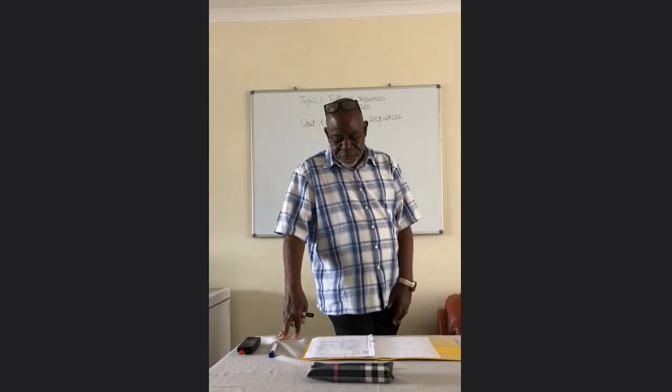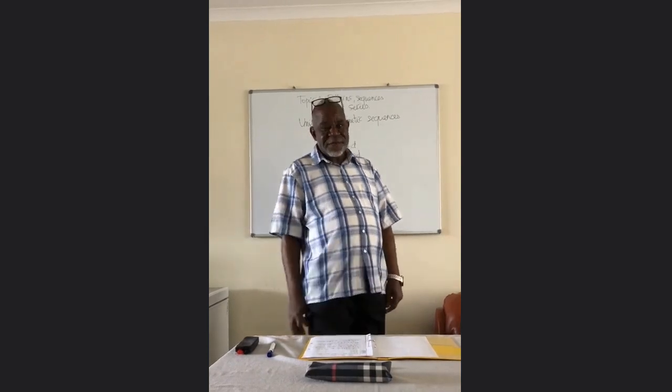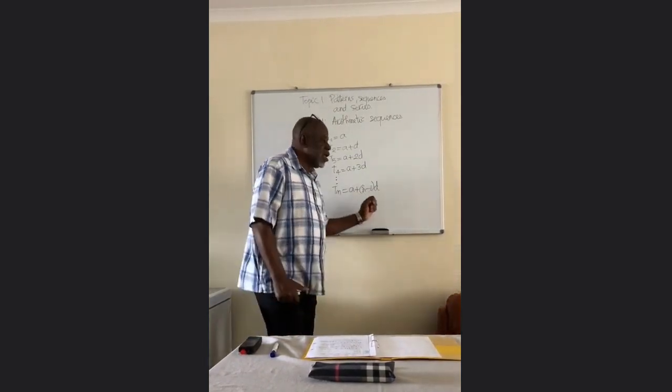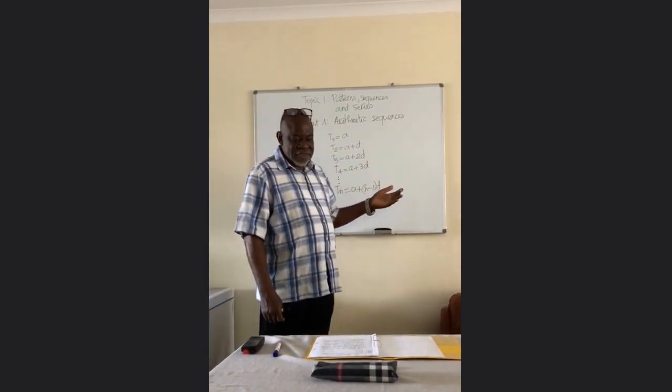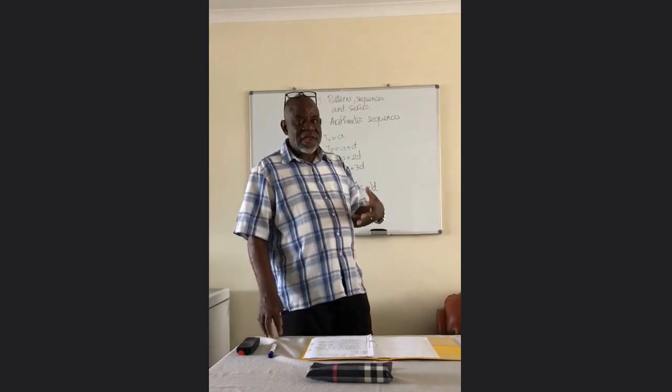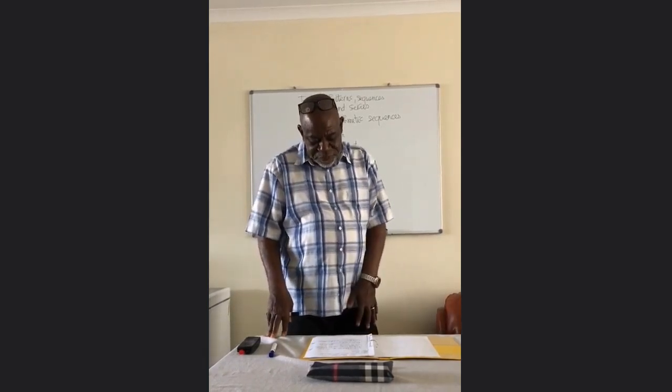This is what we call practically a natural number. And D is the constant difference, as I said earlier, between consecutive terms.